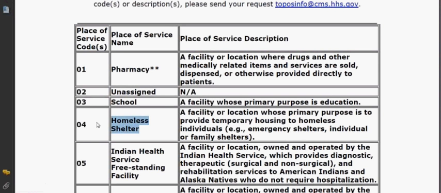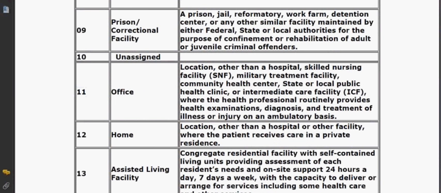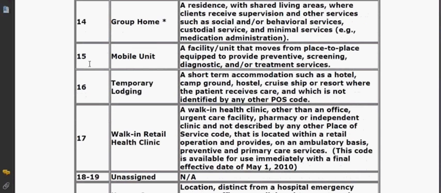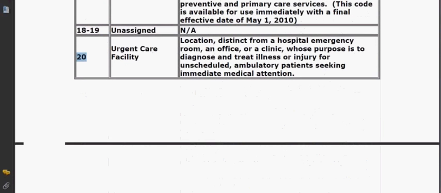If you scroll down here, you can see, for example, office is 11. If it's at home, it is 12. These are the standard codes provided by the federal agencies. If you go to an urgent care, the place of service is 20. Because based on these service codes, they would determine a revenue code for that particular charge.